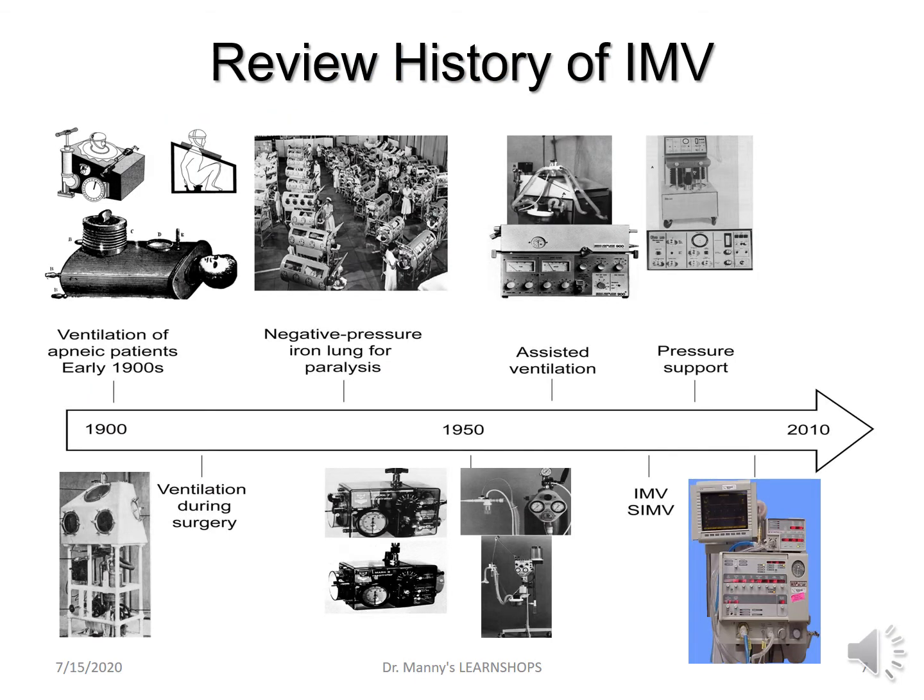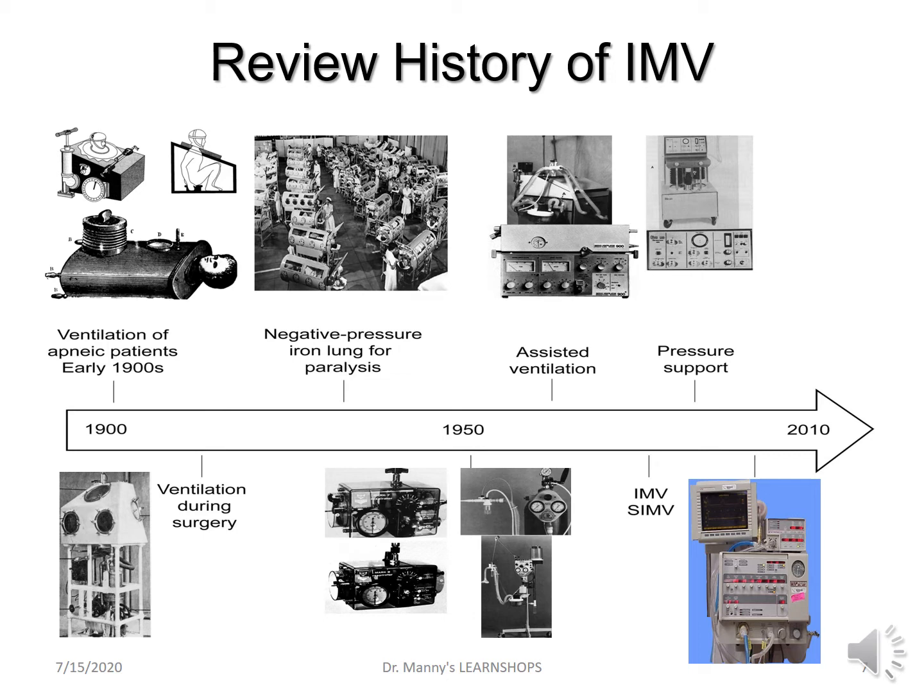Let's briefly review the history of invasive mechanical ventilation. In the early 1900s, which we already discussed briefly, there were negative pressure devices. Then in the 1940s in Boston, in the United States of America, there was an epidemic related to poliomyelitis, where negative pressure iron lungs were used for patients with paralysis.